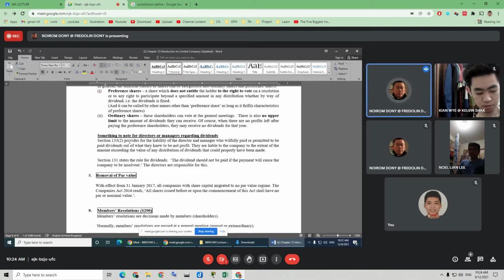Okay, when they declare or willfully pay or permit to pay a dividend out of what they know to be not profit, meaning even when the company is not profiting but they are still declaring a dividend to the ordinary share, they are responsible for that payment to the extent the amount exceeds the value of any distribution that could properly have been made, meaning they have to pay back.